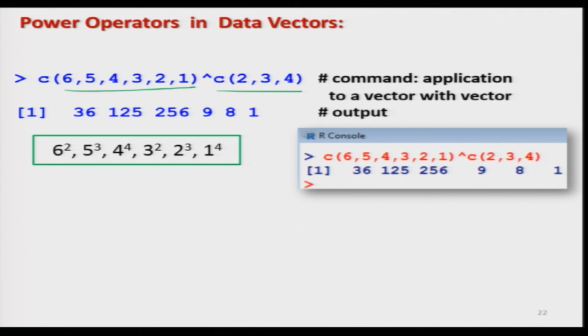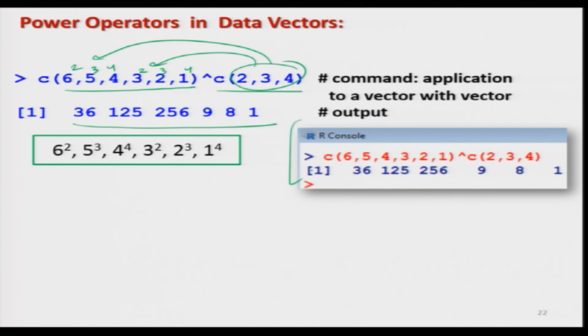Now what will happen is that 2, 3, 4 will be transported here and used as powers, and once again it will be transported to the first data vector, and then you will get an outcome like this one: 36, 125, 256, 9, 8, 1. And this is the screenshot.